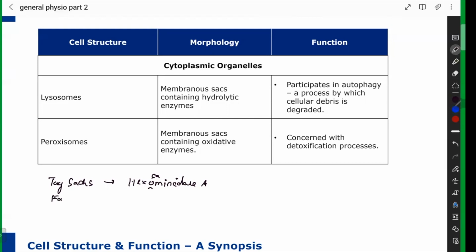Then you have the very important Fabry's. So the first one we saw, GM1 gangliosidosis: accumulation of ganglioside GM1 due to the deficiency of GM1 galactosidase.